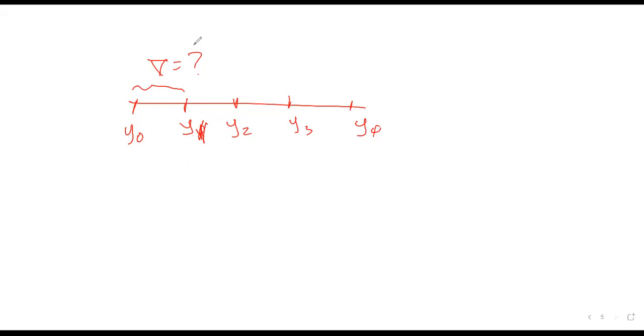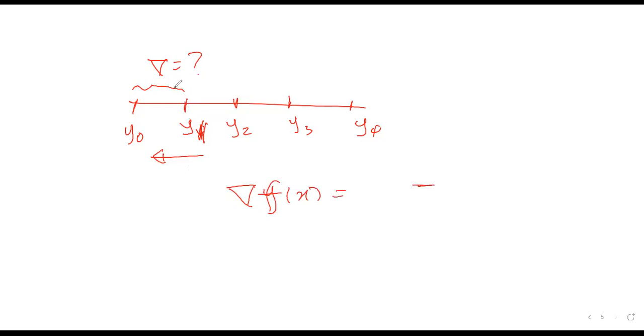Yeah, good. Getting some answers, yes. Okay, so it means backward, isn't it? Backward in the sense, okay, nabla of f of x should be equal to, okay.